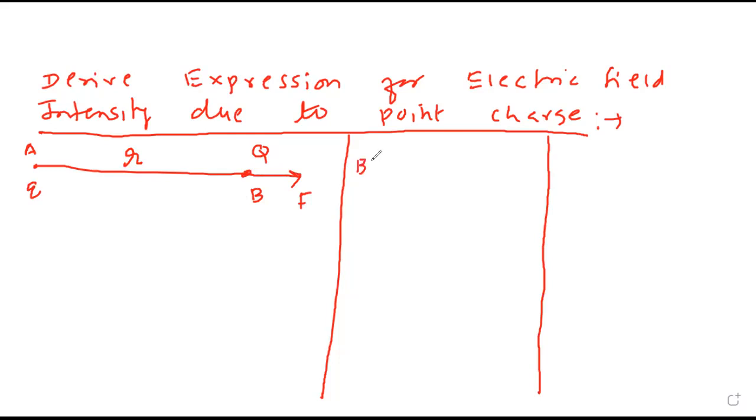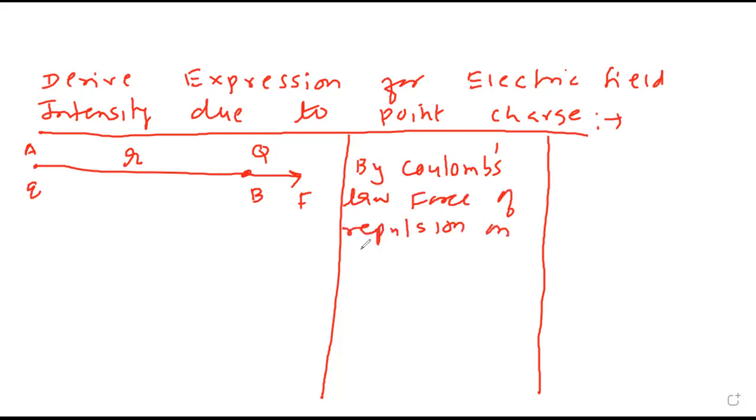So by Coulomb's law, force of repulsion on q, F equal to 1 upon 4 pi epsilon naught Qq by r square.